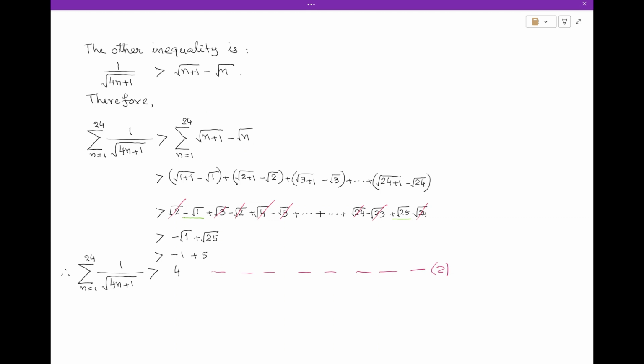Now, if we write down each term of this summation, the first term, when n is equal to 1, is square root of 1 plus 1 minus square root of 1, and the second term, for n equal to 2, is square root of 2 plus 1 minus square root of 2, plus the third term, when n is equal to 3, square root of 3 plus 1 minus square root of 3, and the final term, the 24th term, for n equal to 24, is square root of 24 plus 1 minus square root of 24.